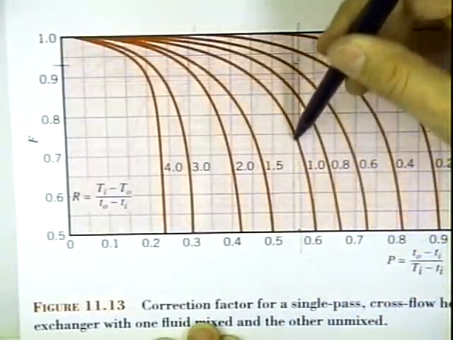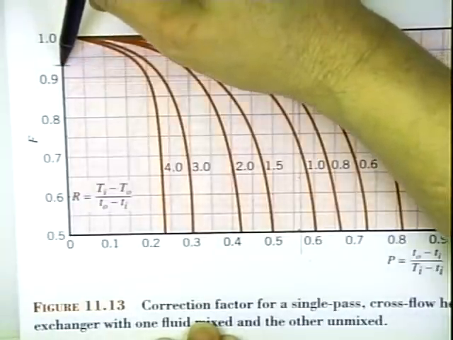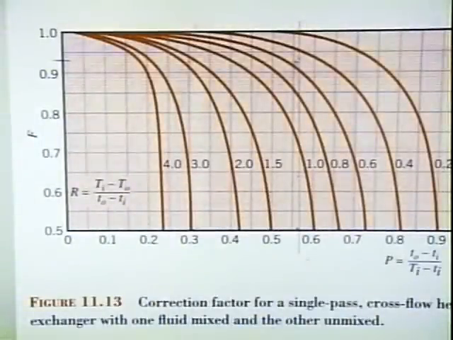If we go up until we hit that line, we get right about here, and if we come across, we get an F of 0.93. I've written that on the board over here. So that's our correction factor.